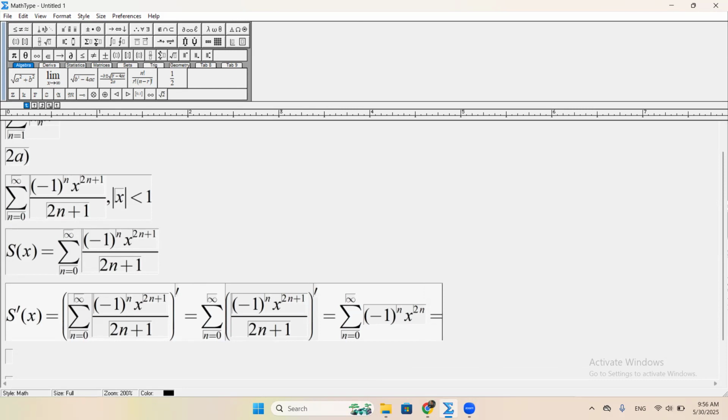Term number 0 will be equal to 1. Then term number 1, minus x in power of 2. Then the second, x in power of 4, minus x in power of 6, and so on.